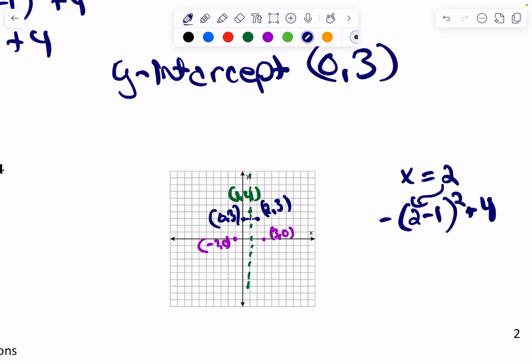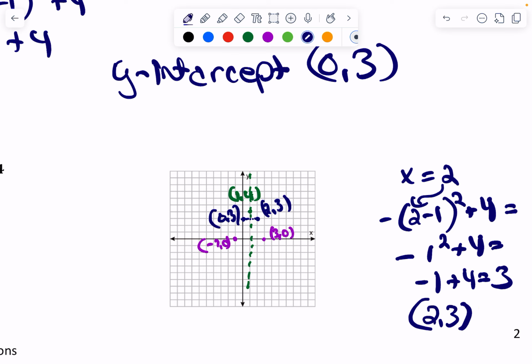So negative 1 squared plus 4. 1 squared is 1. The negative is outside of it. So we're going to have a negative 1 plus 4, and that equals a 3. So our point is 2, 3. So that's how we calculate it. Like I said, we can also go with the axis of symmetry, which is x equals 1, and just graph it through that. Okay, now hopefully it is a little bit easier to graph an actual, there we go, an inverted bowl.